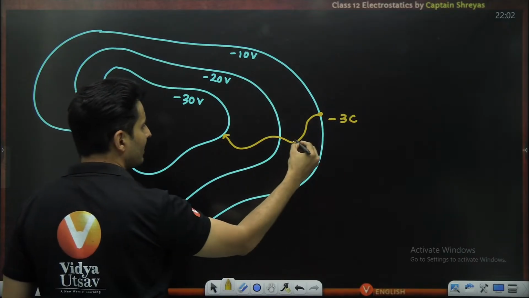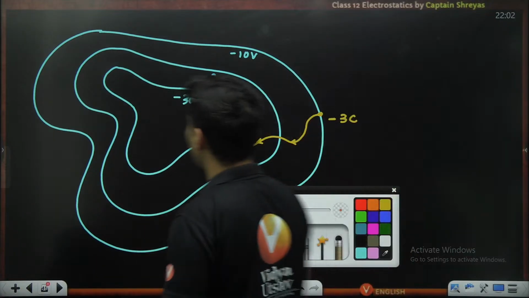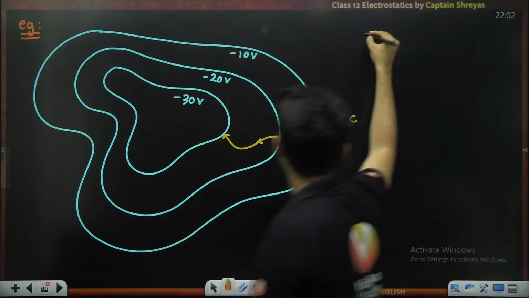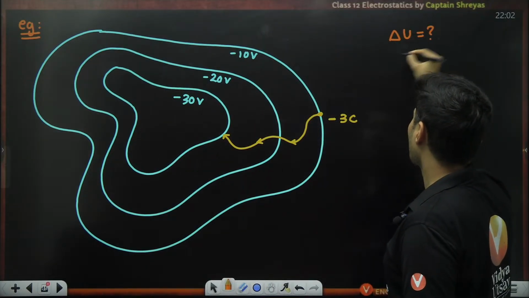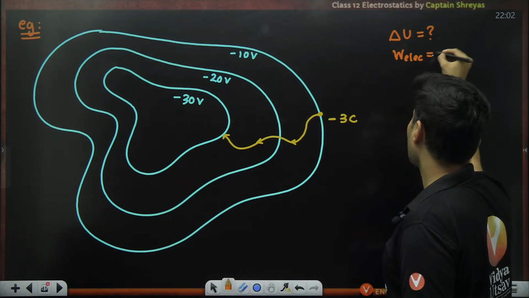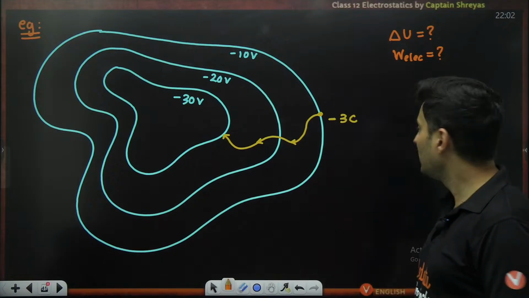I am moving this charge along this path. Can you quickly tell me in this particular example, how much is the change in the potential energy? How much is the work done by electric force in this particular example?